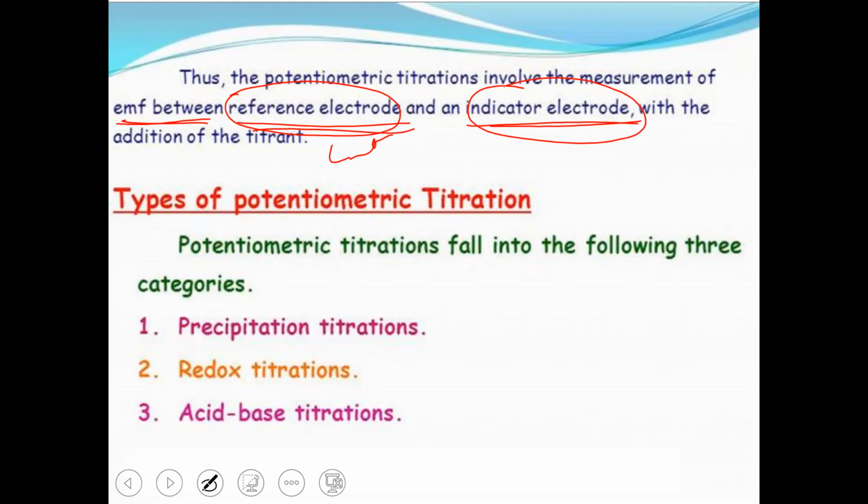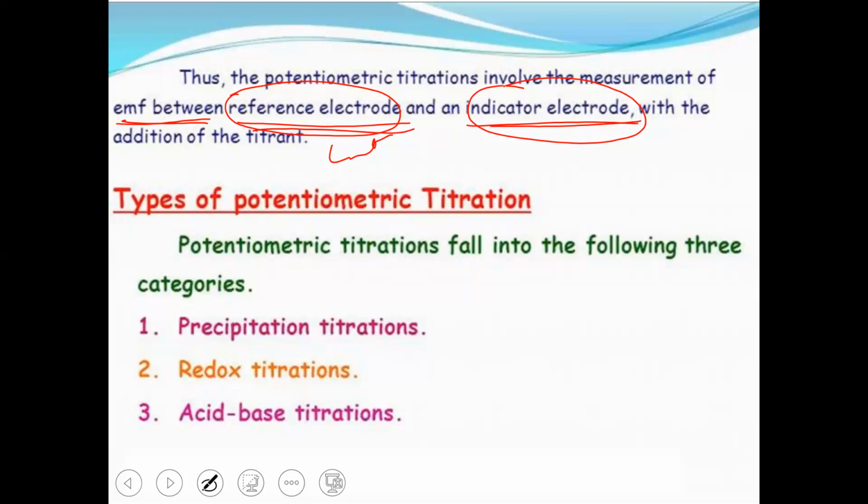So the potentiometric titration gives the EMF between the reference electrode and indicator electrode with the addition of the titrant which is present in the burette.